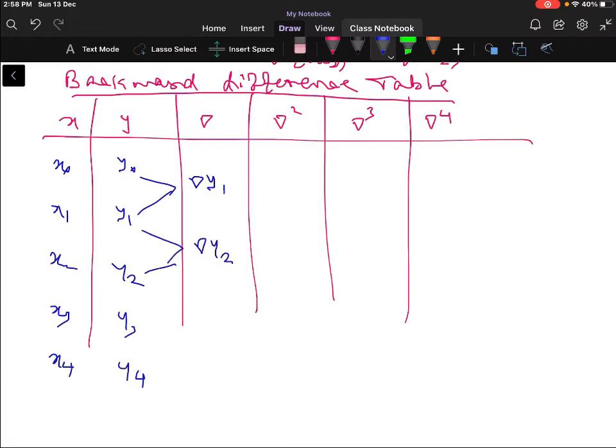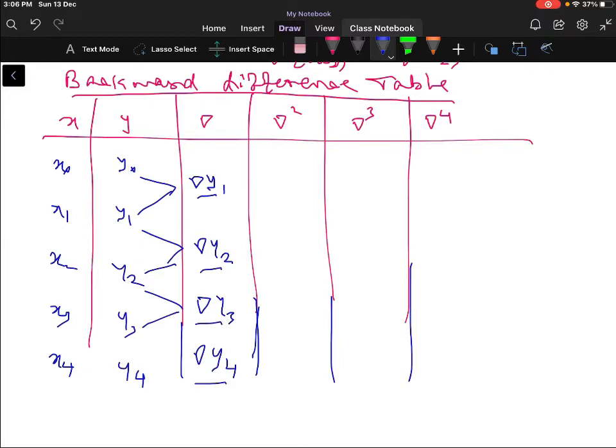Nabla y2 is y2 minus y1. Nabla y3 is y3 minus y2. And y4 minus y3 is nabla y4. Here nabla y1, nabla y2, nabla y3, nabla y4 are the first backward differences.